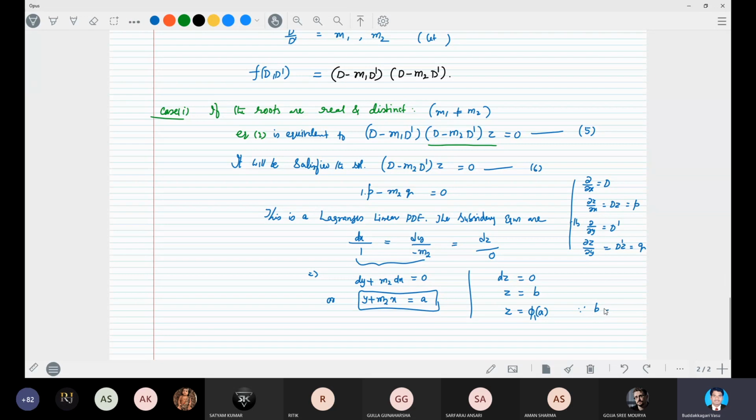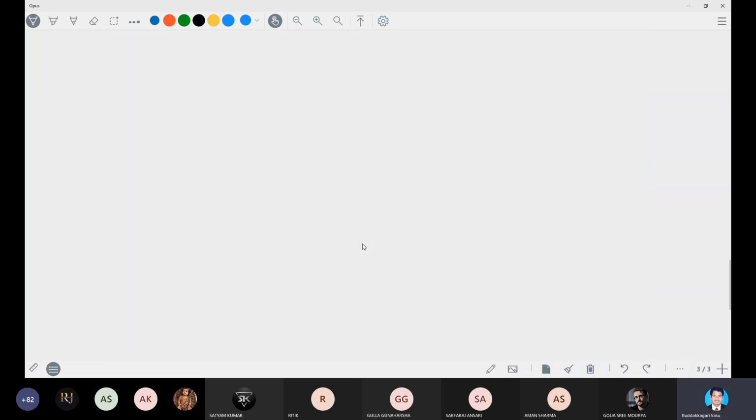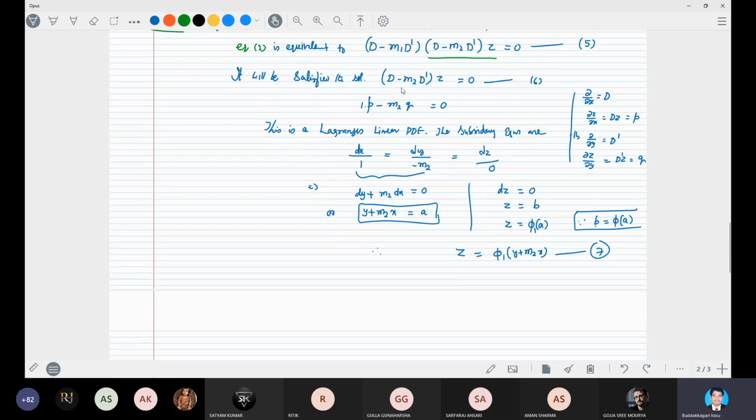Since b is an arbitrary constant, we may write it in terms of another arbitrary constant a, so φ1 of a. Therefore z is equal to φ1 of (y + m2 x). This is equation 7, right? One part of the solution we got here, the solution of 6 is z = φ1(y + m2 x), right?